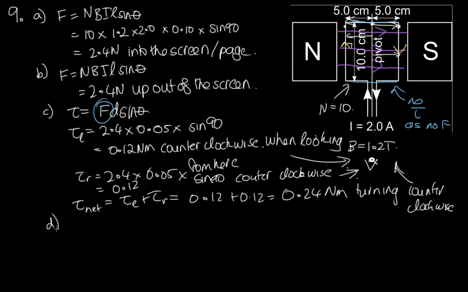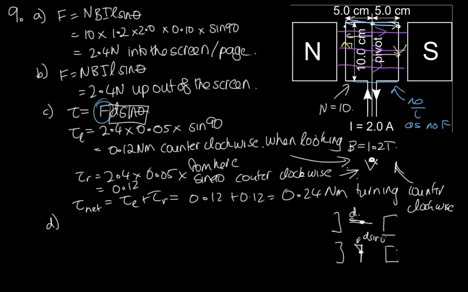Okay, now part D. Will the size of the torque change with time? If so, describe this change. Well, when we start off, when we're looking at it from this end, it looks something like this, and this is our d here. But after a little while, it has become like this. Now, this d sine theta part of it is actually this distance here.